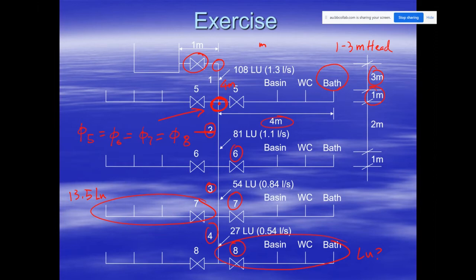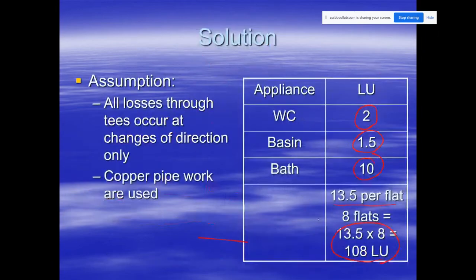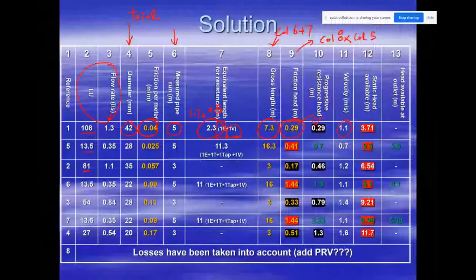Height existing. Yes. So what's the number? 4. Thank you. 4. Okay. But for this section, the frictional loss is about 0.29. So that means, correct, okay, use 4 minus 0.29. This is 3.71. This is the static head available at that point.